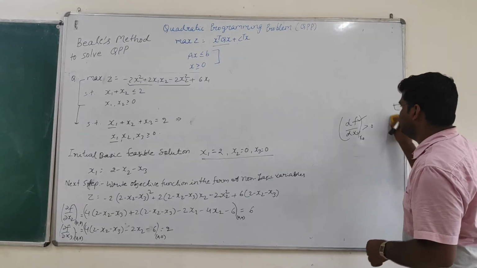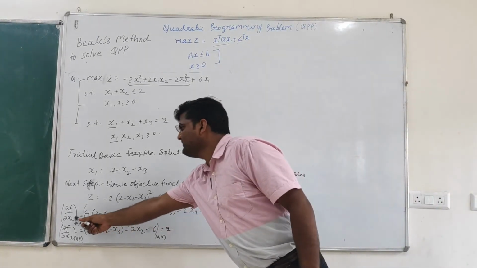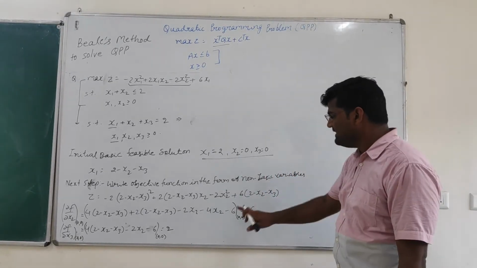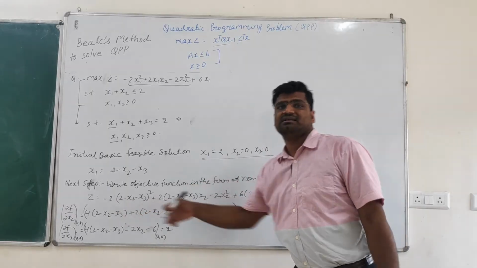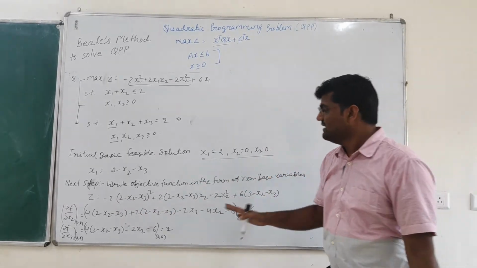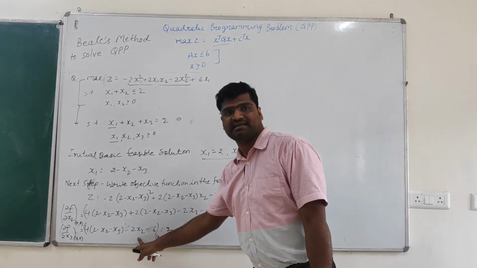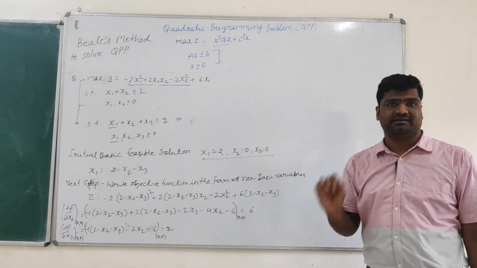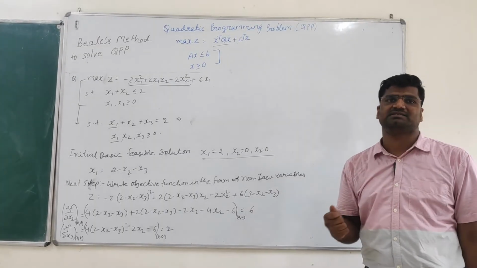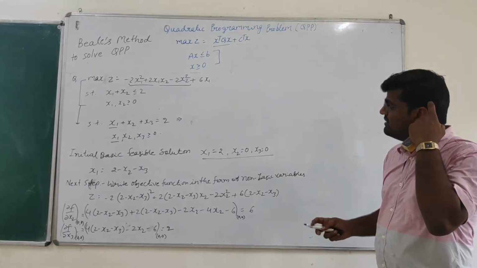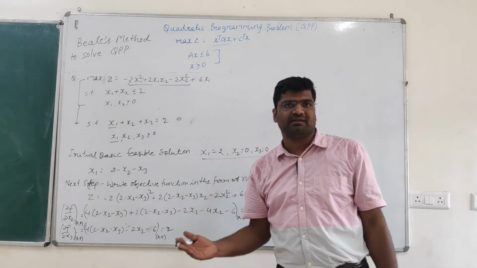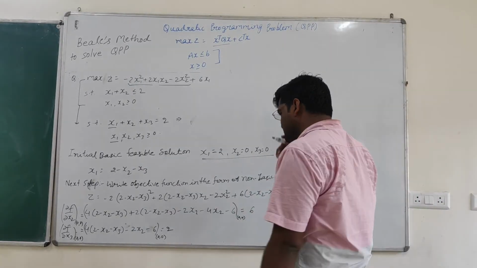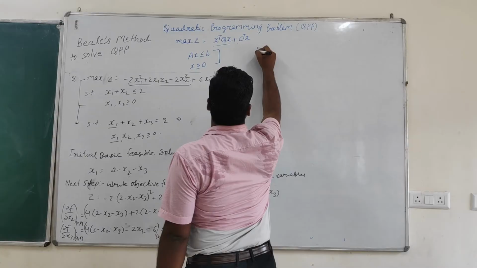Since at this point we are getting positive values for both, it means if I increase the value of x2, then my objective function will be increased. Similarly, if I increase x3, my objective function will be increased. But what we want is to maximize it. So therefore, we decide to keep x2 as a basic variable so that x2 can be given a non-zero value.